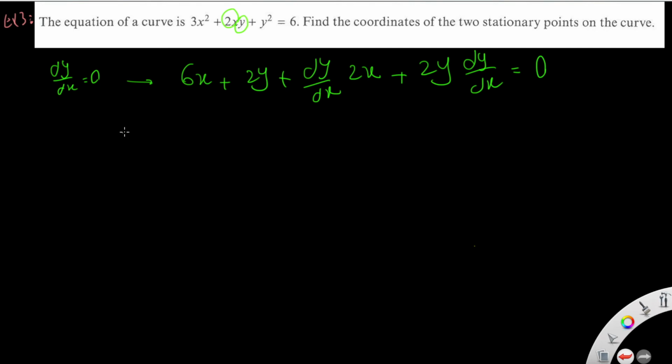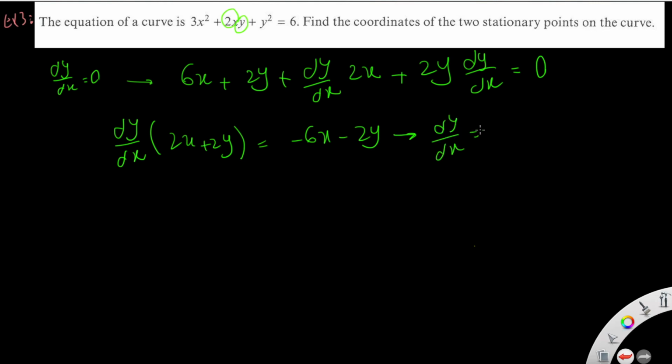This is equal to differentiation of 6, which is 0. So I make dy dx the subject. First let me factor it. Dy dx times 2x plus 2y is equal to, if I transfer to the other side, minus 6x minus 2y. So dy dx will be, they both have minus 2 in common.